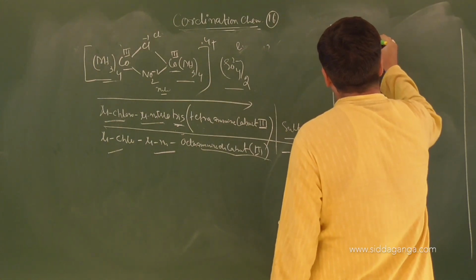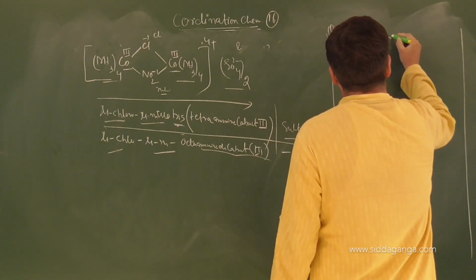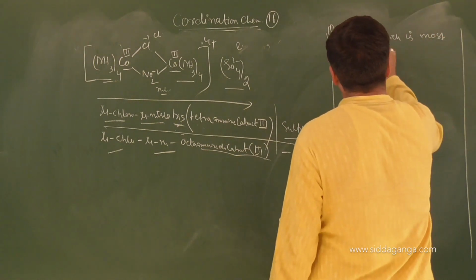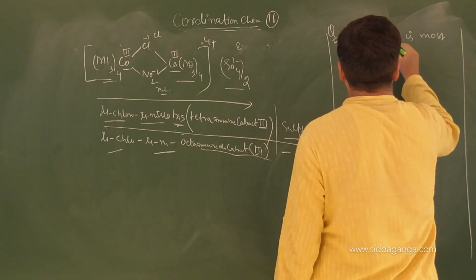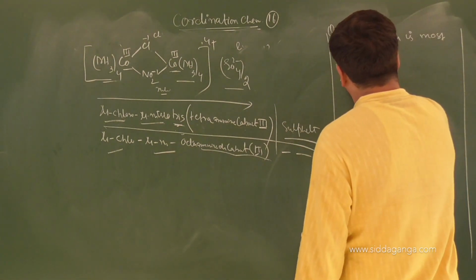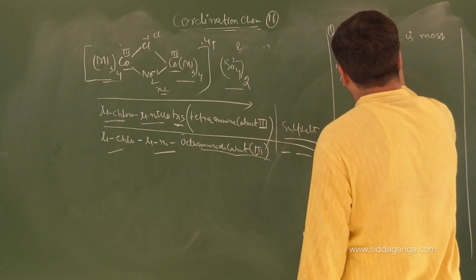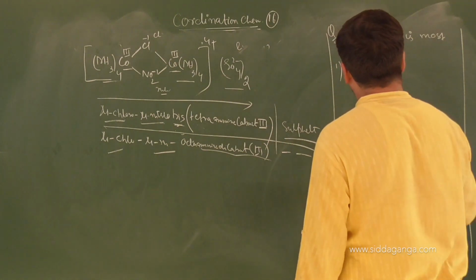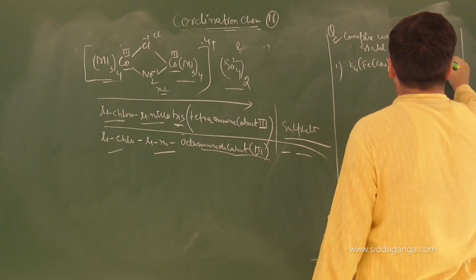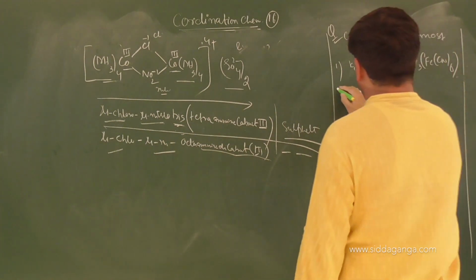Complex which is most stable. Complex which is most stable. So first one, K4 Fe CN6. Second one, K3 Fe CN6.